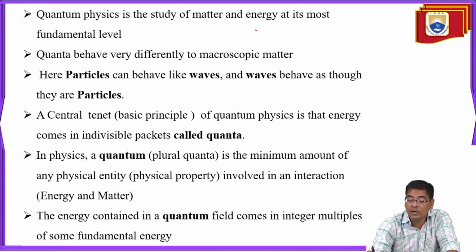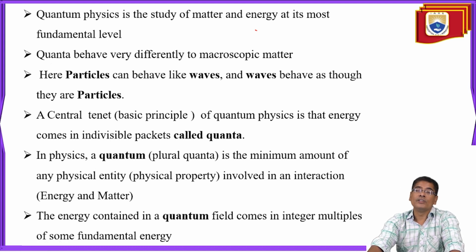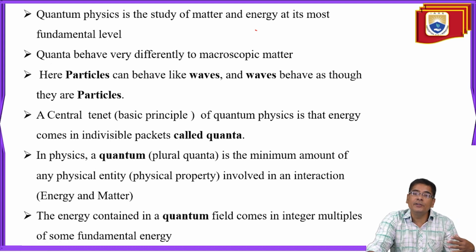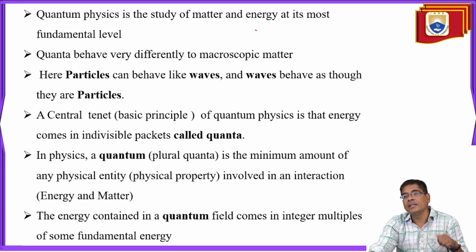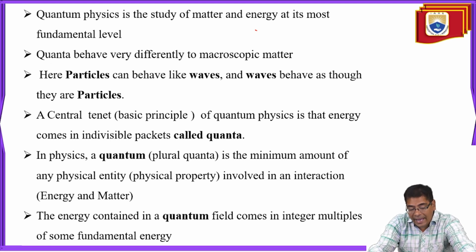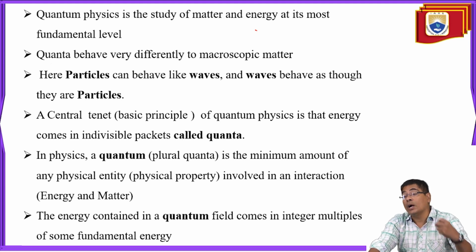Energy is quantized. That means energy exists in terms of packets, in terms of bundles of energy. So instead of getting the energy in a continuous fashion, we get the energy in a quantum of energy.